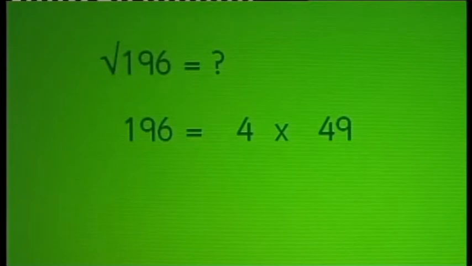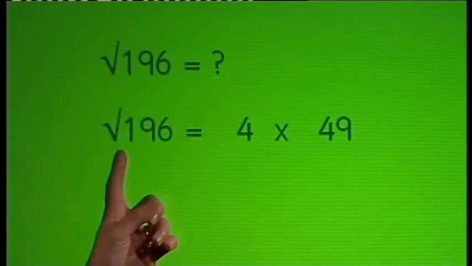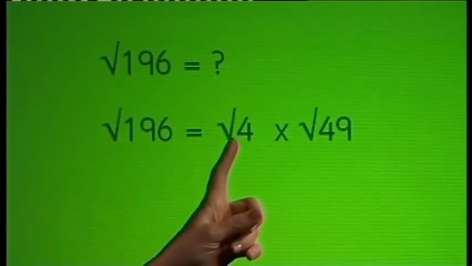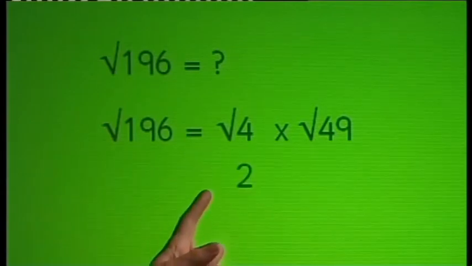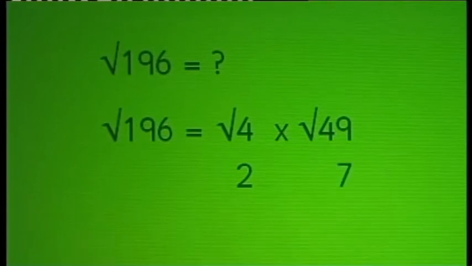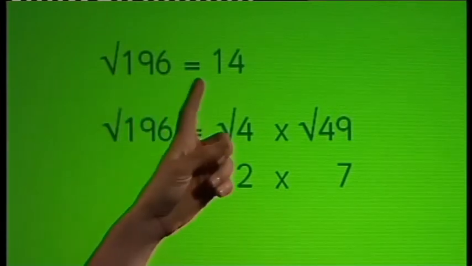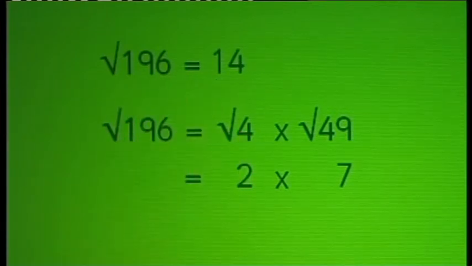So the square root of 196 is the square root of 4 times the square root of 49. The square root of 4 is 2, the square root of 49 is 7. Multiply those together and we get 14, so the square root of 196 is 14.